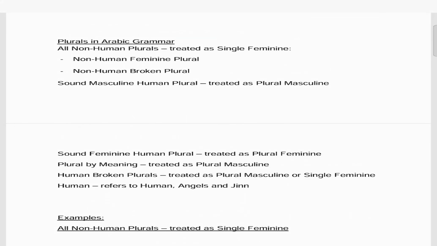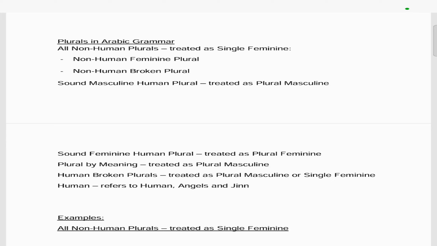So now we look at plurals in Arabic grammar. All non-human plurals are treated as single feminine. Non-human plurals include non-human feminine plural and non-human broken plural.